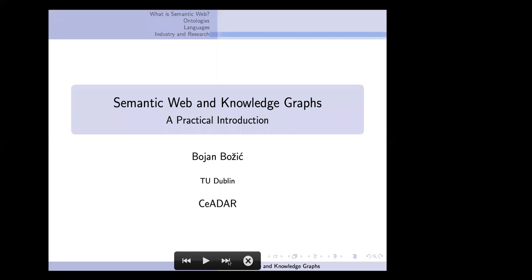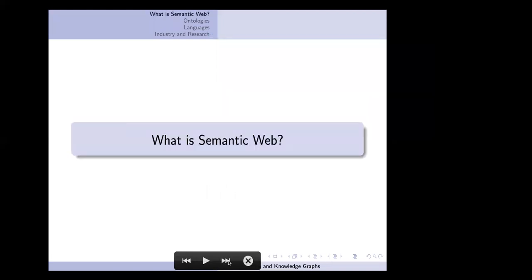But semantic web as itself, which nowadays we're mostly talking about as knowledge graphs, but semantic web is really the technology that has been developed in the area for more than a decade now. So let's just start with an introduction of the field and what semantic web actually is.